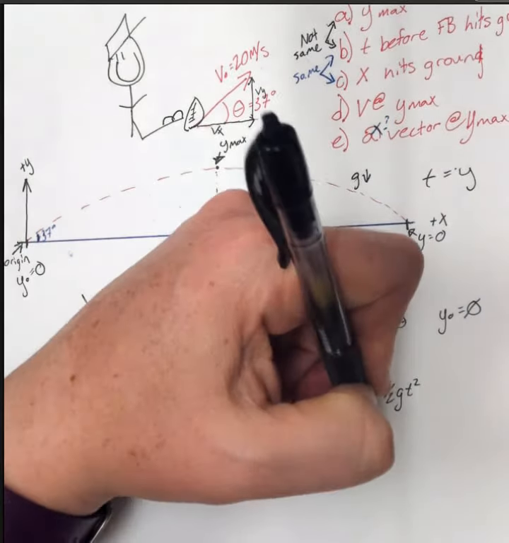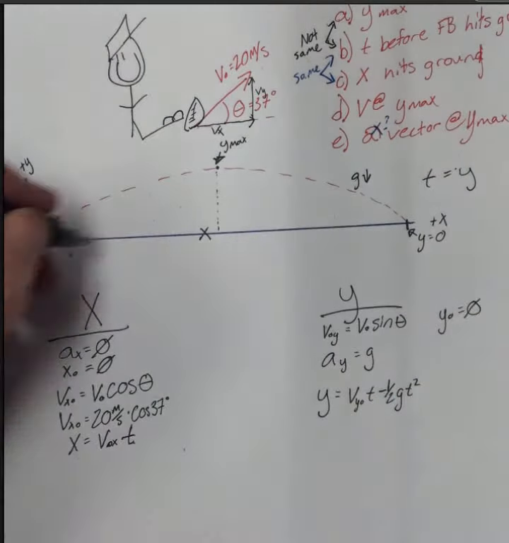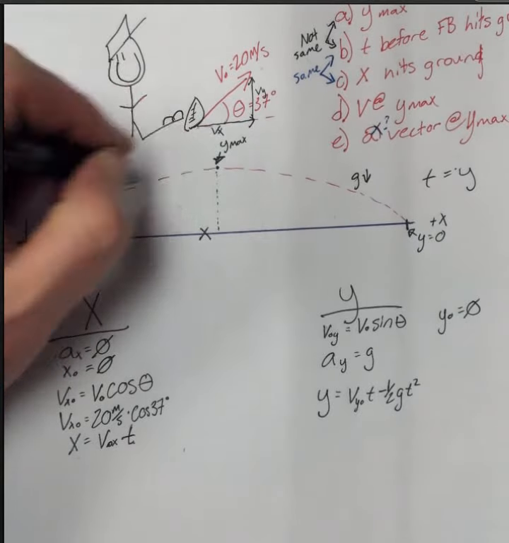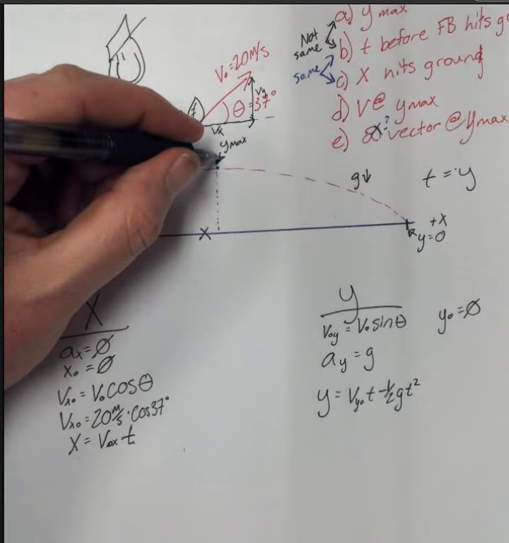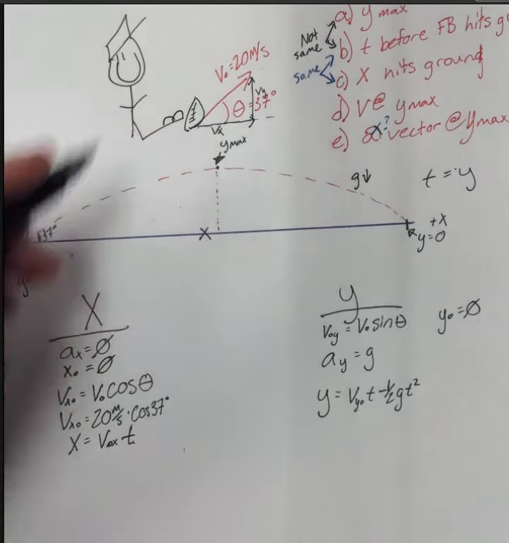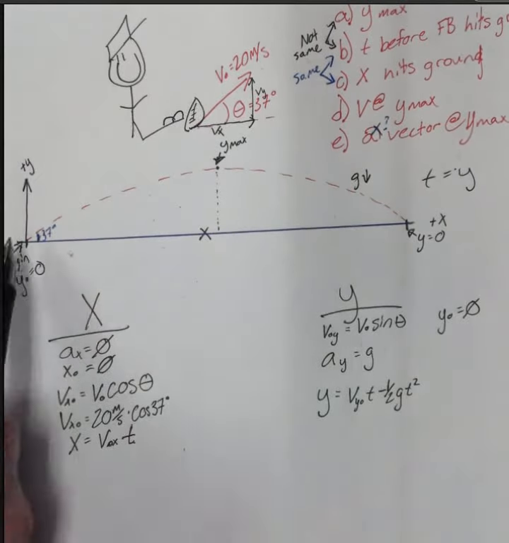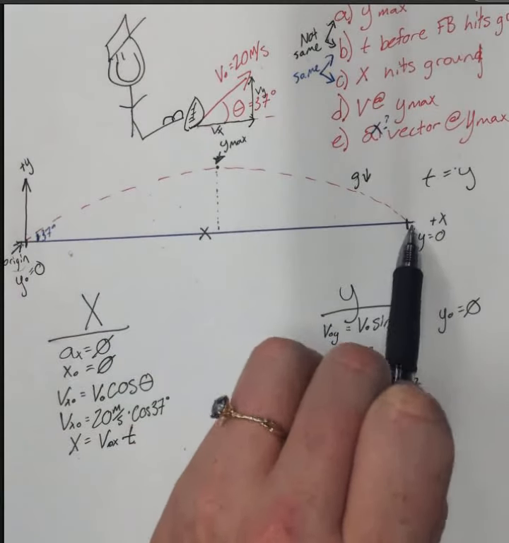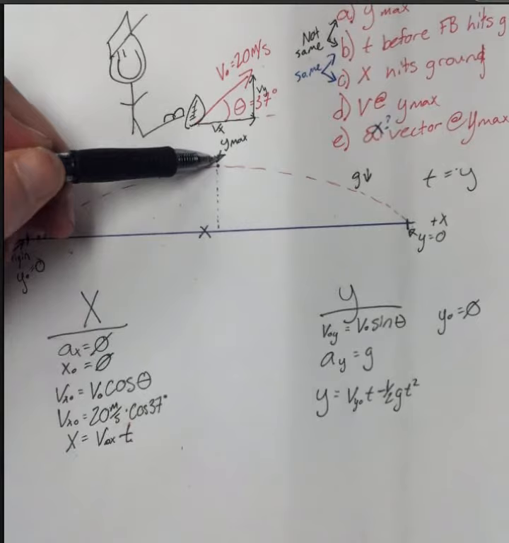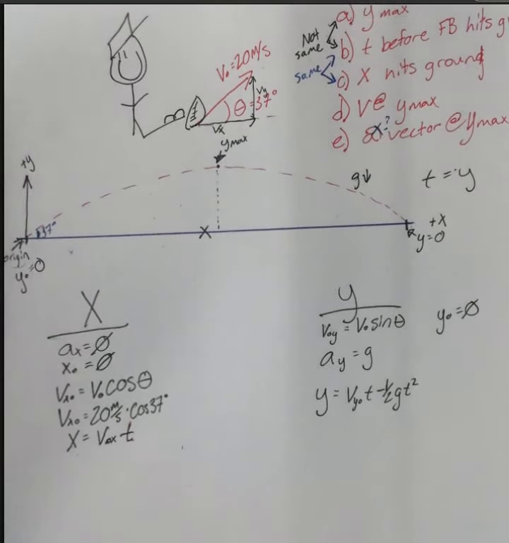Time interval number 1 is the amount of time that it takes to get here. For that interval, we are not going to be resolving anything in the x direction because the only x value we want is all the way over here. So for everything we solve for y max, we're not going to worry about what's happening in the x direction.